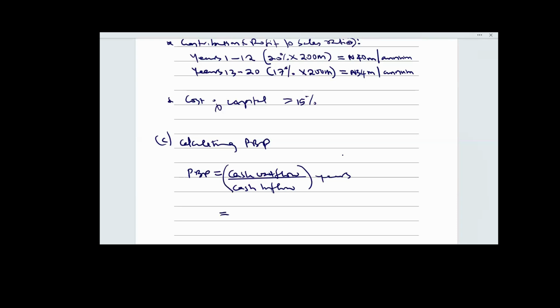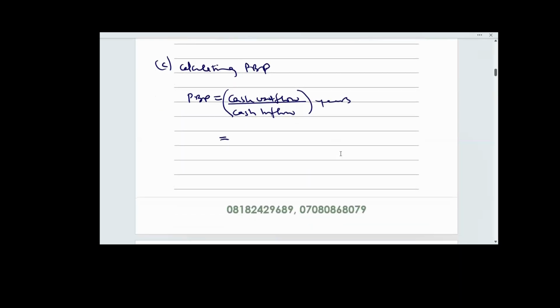So payback period will be equal to the cash outflow of 260 million over constant cash inflow of 40 million per annum. This will give us 6.5 years, which means that this project will pay back within the next 7 years. Within 7 years, the company will recover the invested capital of 260 million.